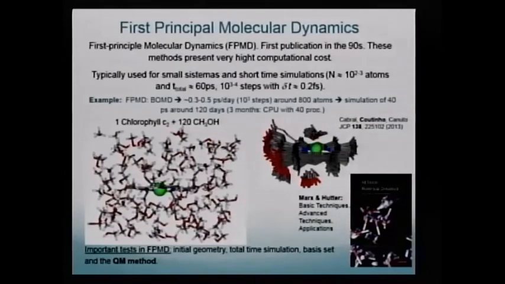In general, with 440 processes, we can calculate around 0.3 or a half picosecond per day. This is the typical calculation you can perform. With around 800 atoms and 40 picoseconds, we spend around 120 days.